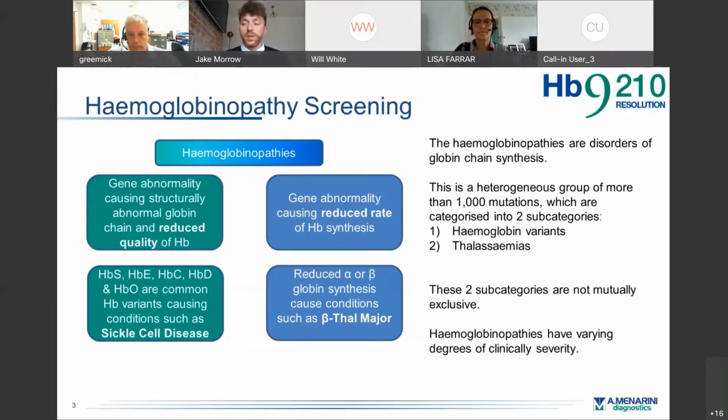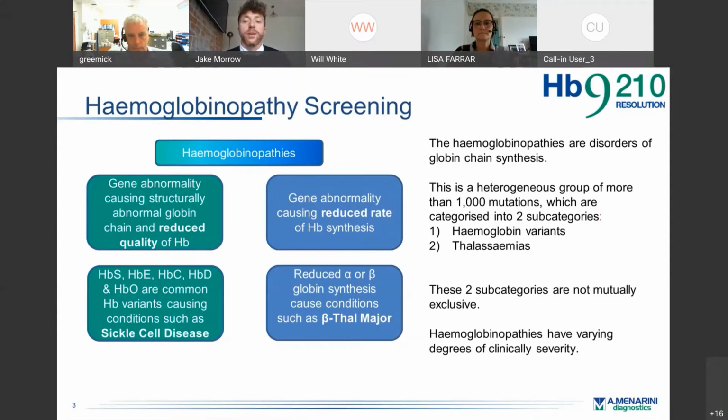A common example of this would be beta thalassemia, where there's a reduced rate of beta globin chain production. Just as a note, these two groups are not mutually exclusive. You can have hemoglobin variants that also alter the rate of globin chain synthesis, for example, HbE, hemoglobin E, and we term these thalassemic hemoglobinopathies.